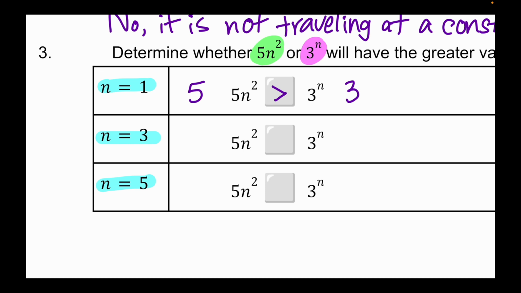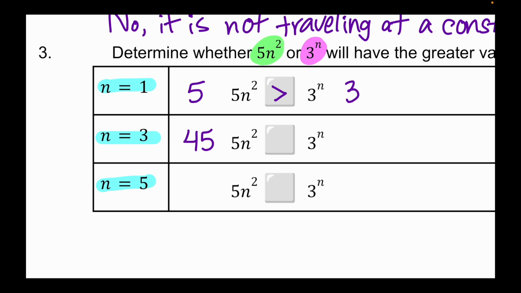So if we did 5 and then times 3 squared is 9, and times 5 would create 45. Then we're going to have 3 to the power of 3, which is 3 times 3 times 3, and this will give us, no, not 81.